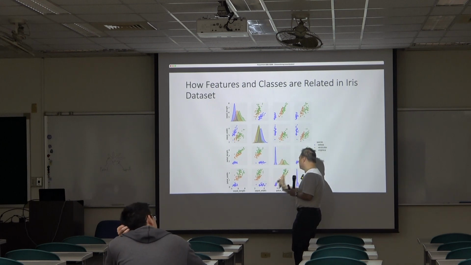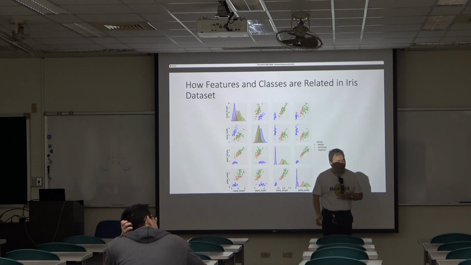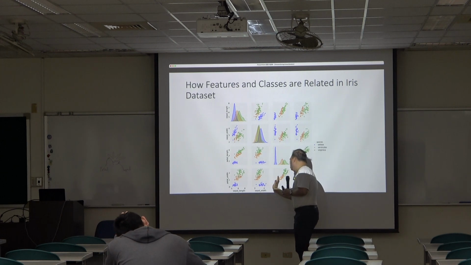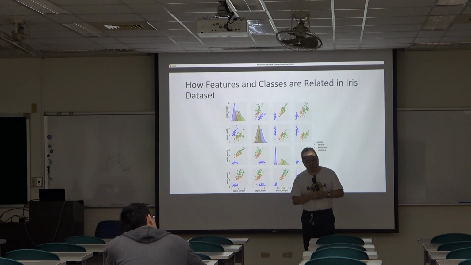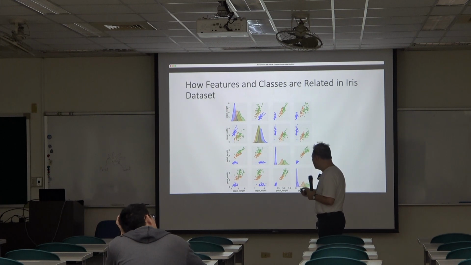This one is obviously much closer to a line, right? It doesn't matter which species you are talking about, all these points almost fall on a line. So obviously the petal length and petal width are very highly correlated compared with sepal width and sepal length.